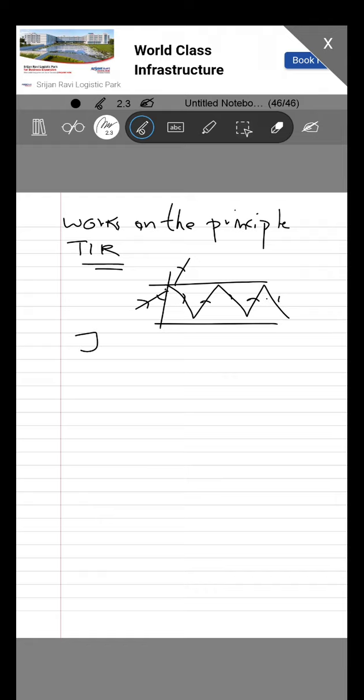JPN stands for the PN junction laser. It works on TIR. This is how it works.